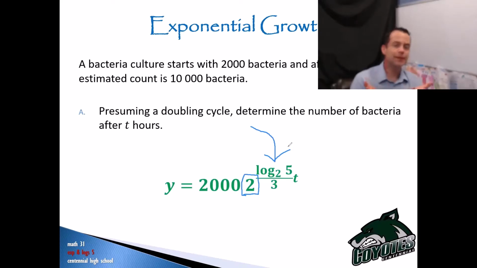So who's to say that doubling time means anything? Why couldn't I have said my bacteria triple? Or why couldn't I have said my bacteria quadruple? Changing that statement would only change how long it takes to do that.